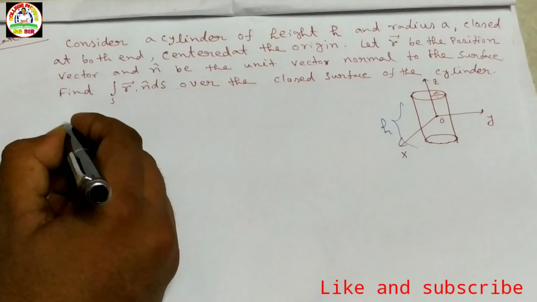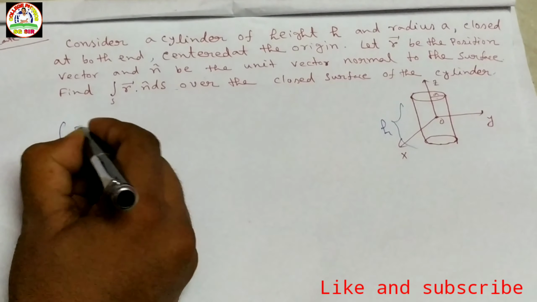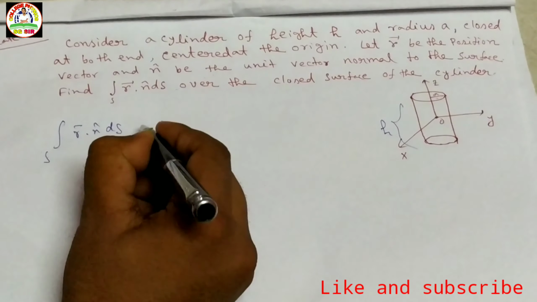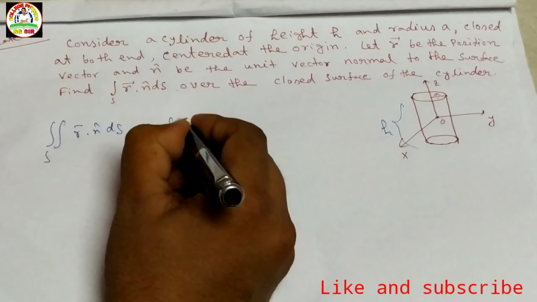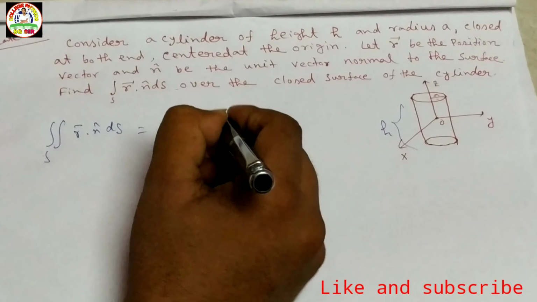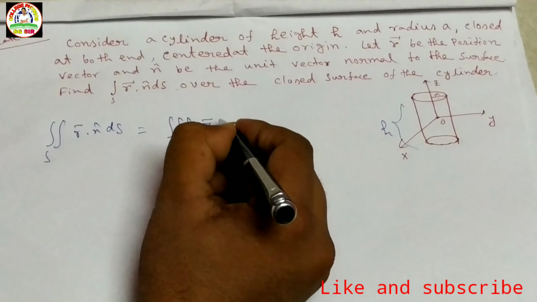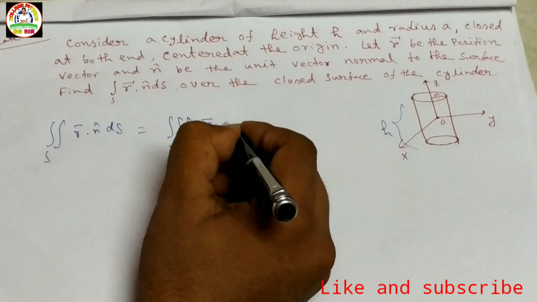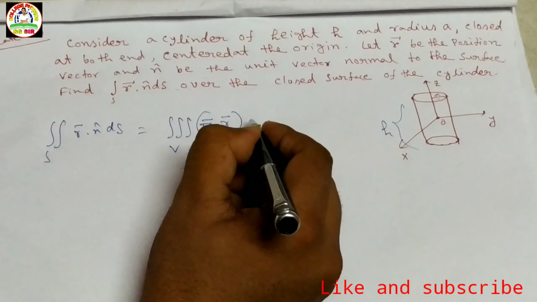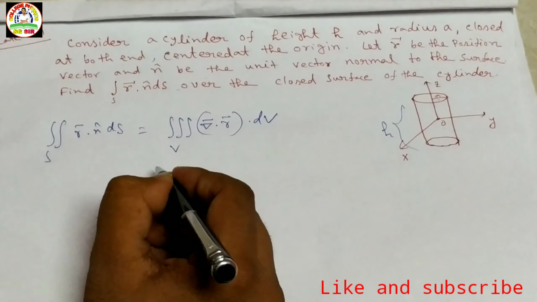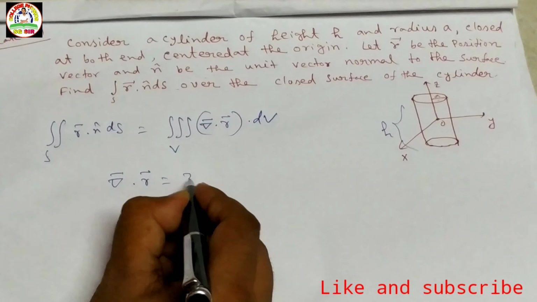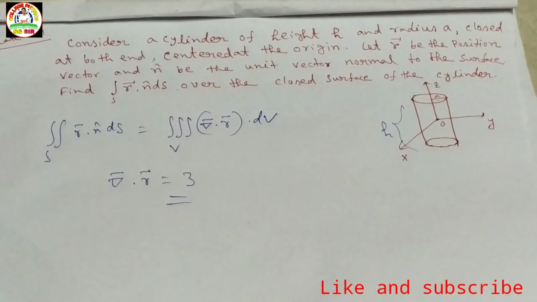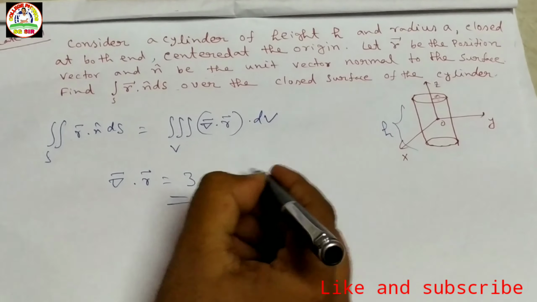So we can write the integral of r dot n cap ds. If we use Gauss's divergence theorem, we convert it into a volume integral: the integral over V of divergence of r into dv. Also we know divergence of r is equal to 3, which we proved in my previous lecture.